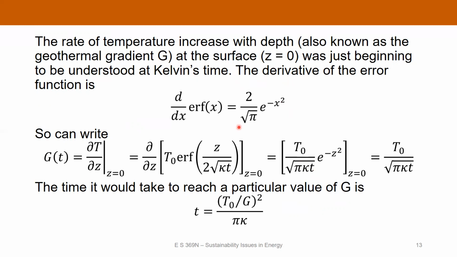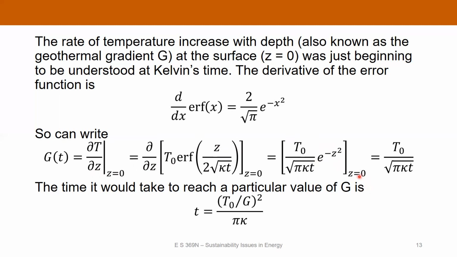This is it, for any arbitrary variable X. So if we specify that the geothermal gradient is the first partial derivative of temperature with respect to depth at Z equals 0, we can come up with an analytical expression for this. So take the derivative of that with respect to Z, we come up with this.